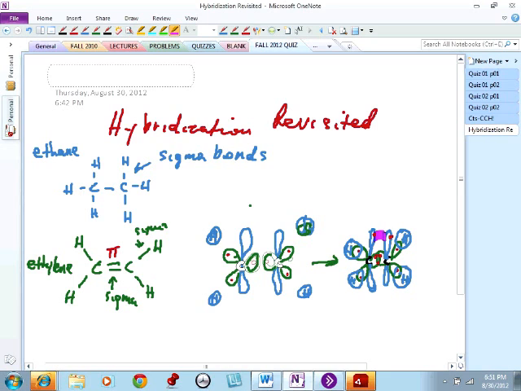It will be what we call a side-to-side overlap of the p orbitals.